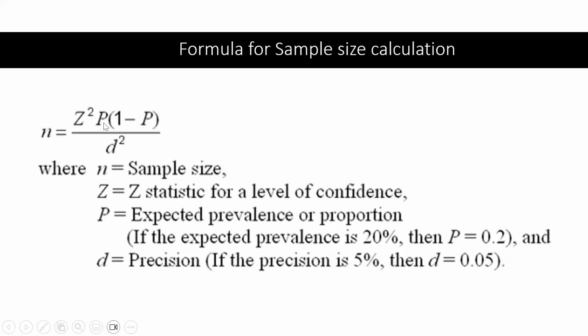If you are having a binomial distribution, you can search on the internet. In the formula, you will not directly find the standard deviation. So standard deviation is nothing but P into 1 minus P. For a binomial distribution, you can search it on the internet.